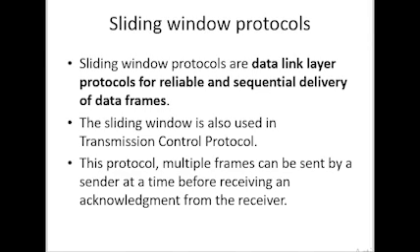Sliding window protocol. Sliding window protocol is a data link control protocol that ensures sequential delivery of frames. In this protocol, multiple frames can be sent by the sender at a time before receiving an acknowledgement from the receiver.